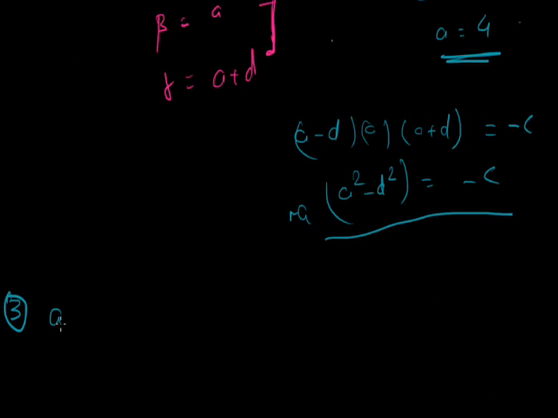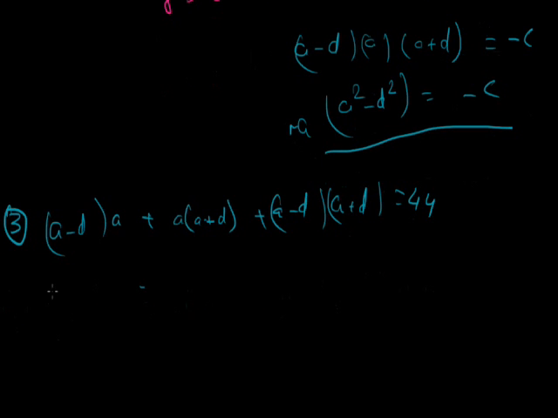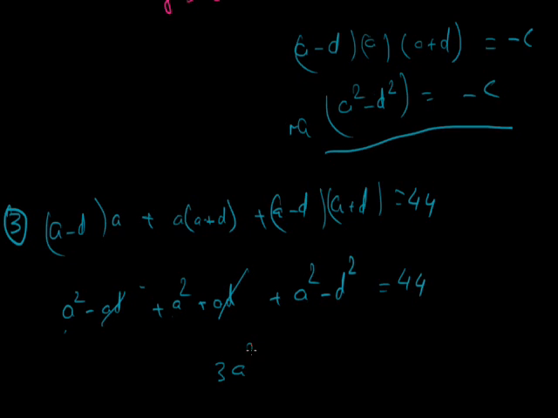That means a minus d into a plus a into a plus d, and a minus d into a plus d is 44. Now this is a square minus ad plus a square plus ad plus a square minus d square is 44. This ad is cancelled with this ad. a square plus a square plus a square is 3a square minus d square is 44.